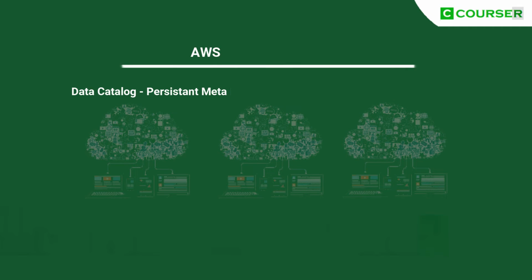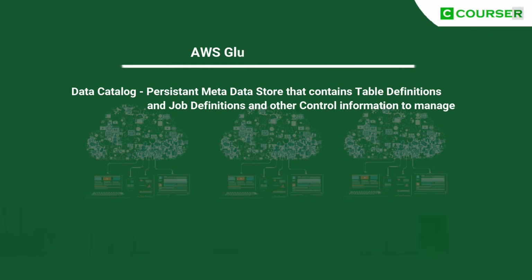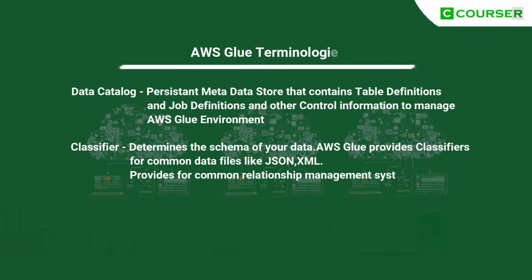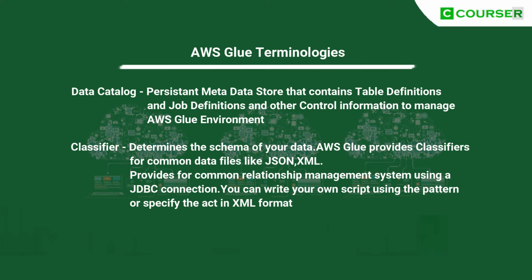If you take the terminologies, the data catalog is a persistent metadata store that contains the table definitions, job definitions and other control information. A classifier determines the schema of your data.